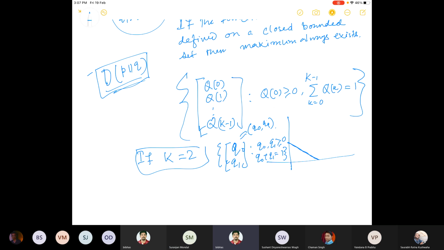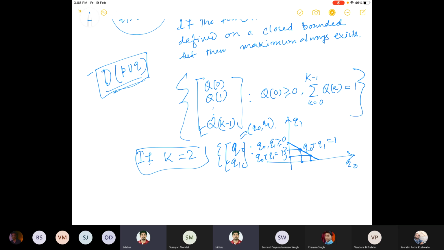So this is the q0 axis and this is q1. Any point here lies on the line given by this equation. This coordinate is non-negative, and this is also non-negative. These are the points.